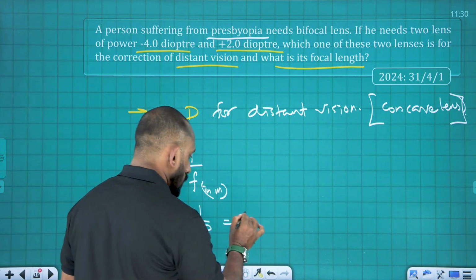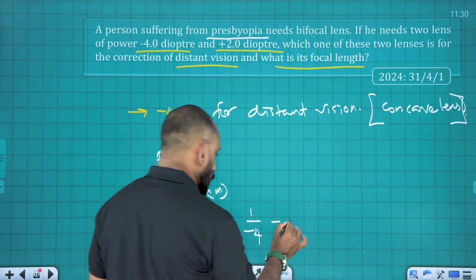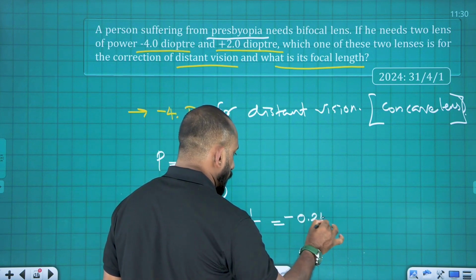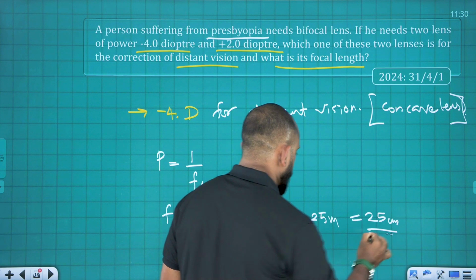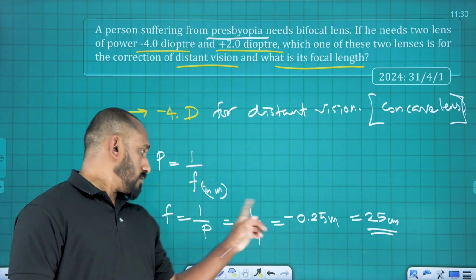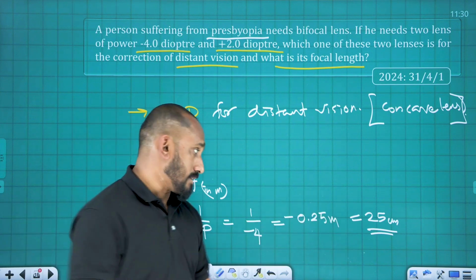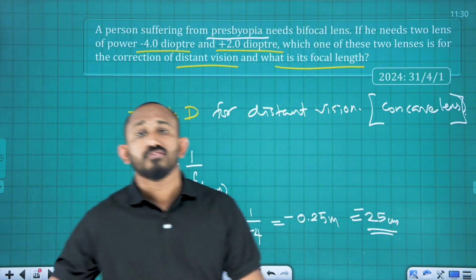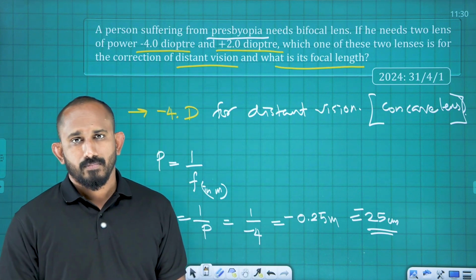So it is equal to 1 by -4, that is equal to -0.25 meters, that is -25 centimeters. 1 by 4 is 0.25. So -25 centimeters is the focal length of the lens. Hope you got it.